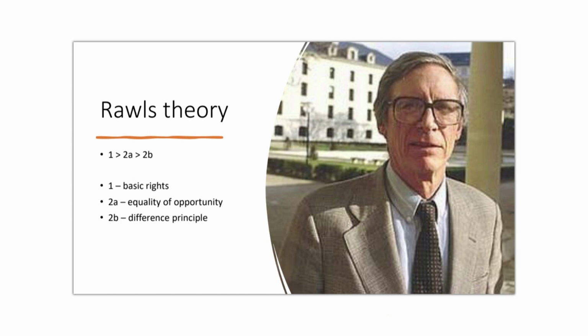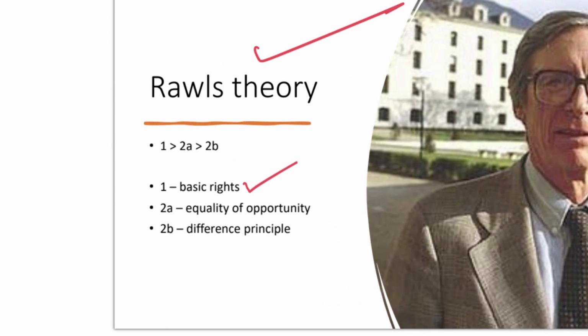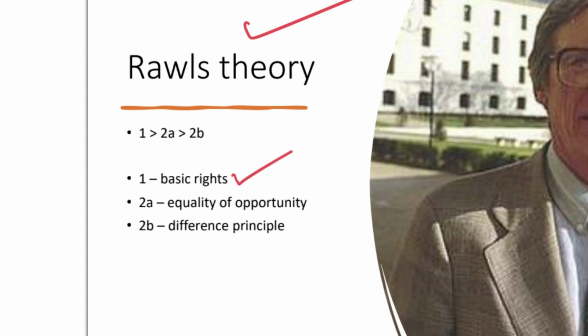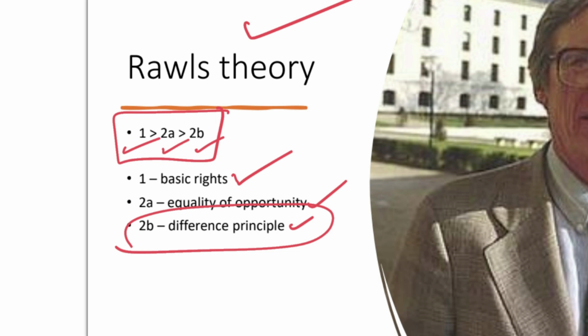He says basic rights should be given prior importance, and next after that equality of opportunity, and then the difference principle, in this order: basic rights top priority, equality of opportunity next, and difference principle. The difference principle is treating different people differently, unequals unequally, and favoring the marginalized. India's reservation is an example.